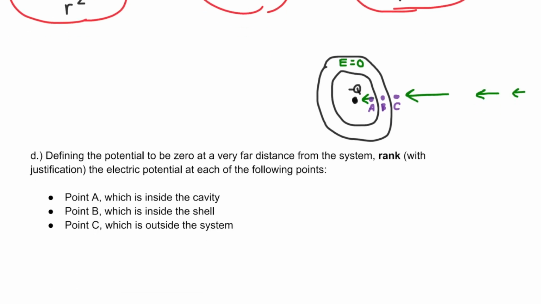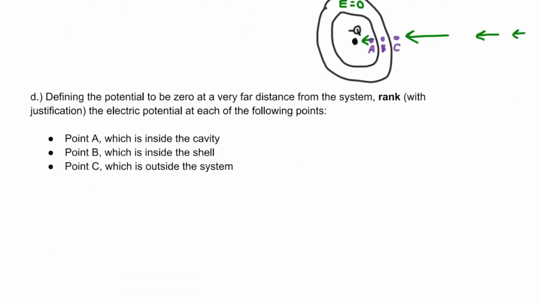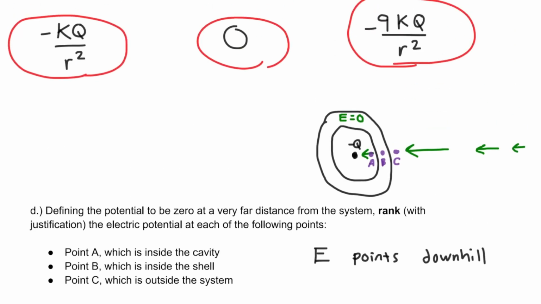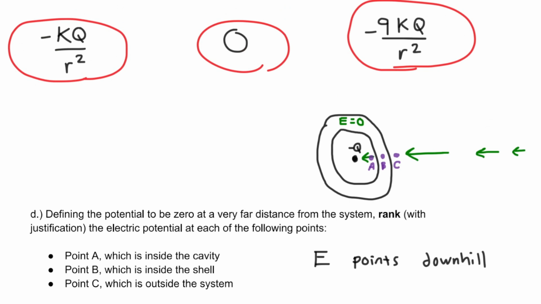So what we're given is that E points downhill. Notice that E is always pointing to the left, or it doesn't have any direction at all.